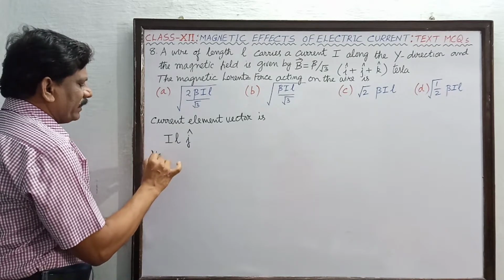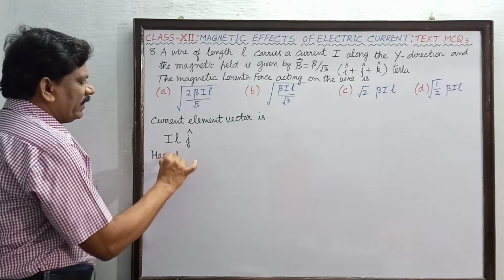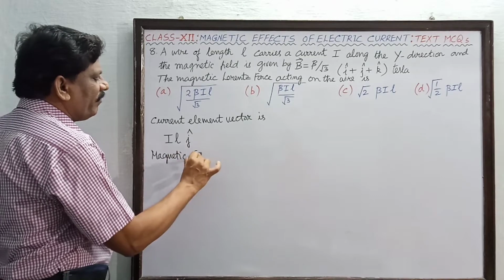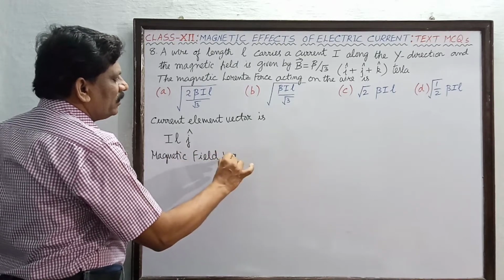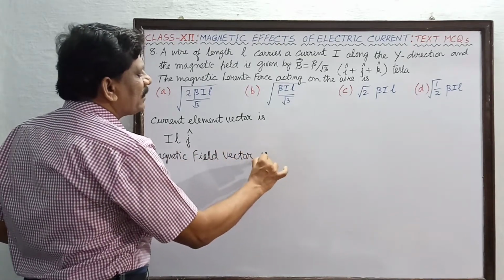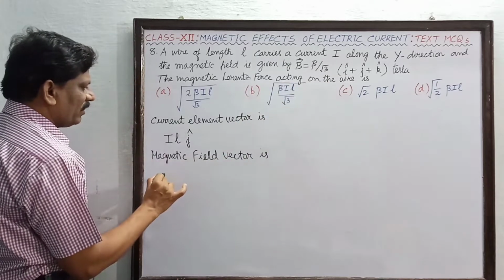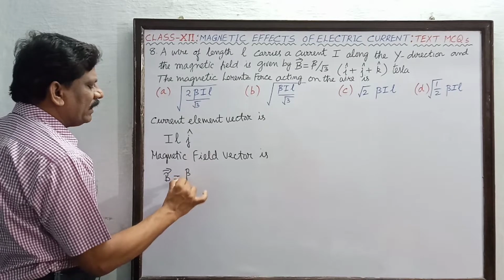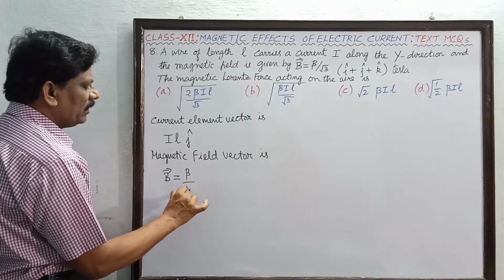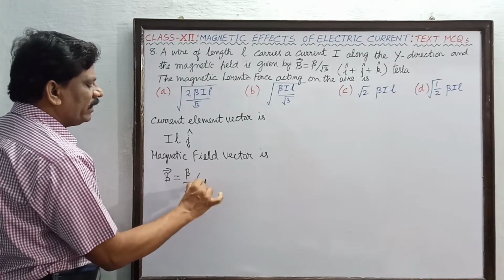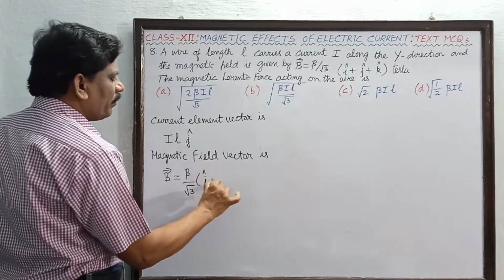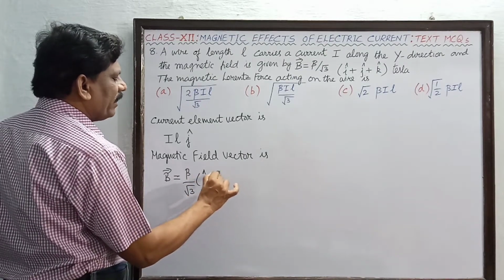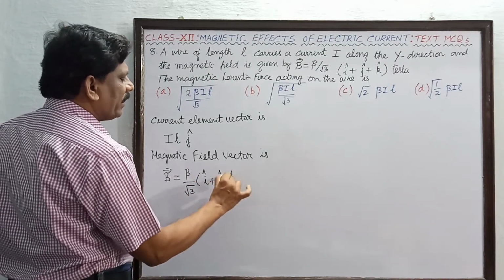And what is the other vector given? The magnetic field vector, which is given in the numerical problem itself. So B vector is equal to beta divided by root 3 into i cap plus j cap plus k cap.